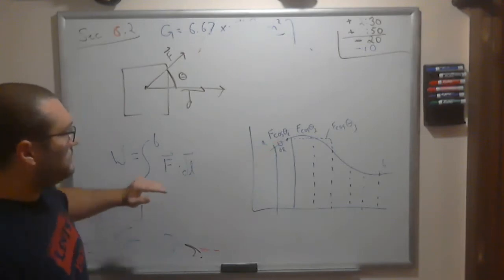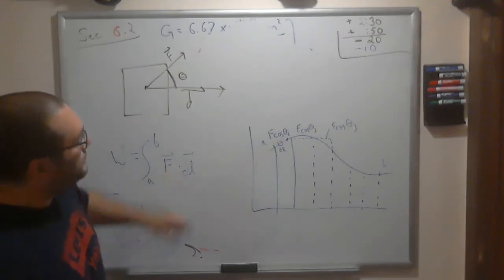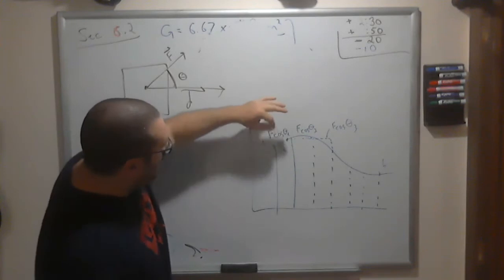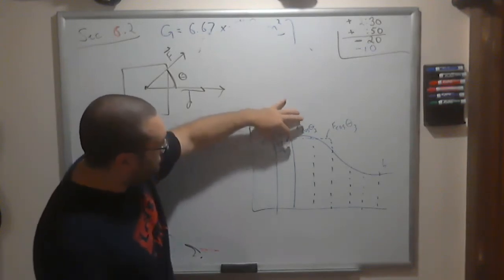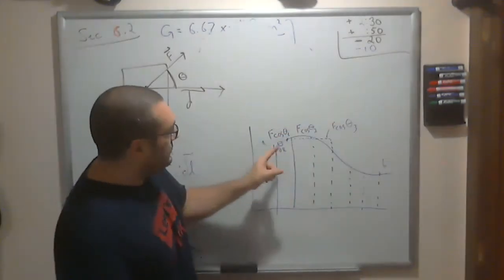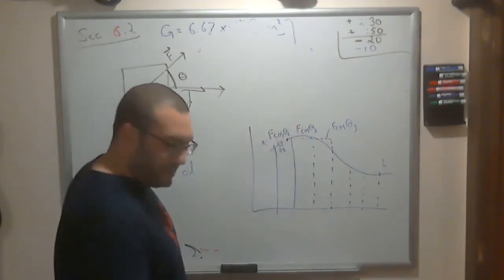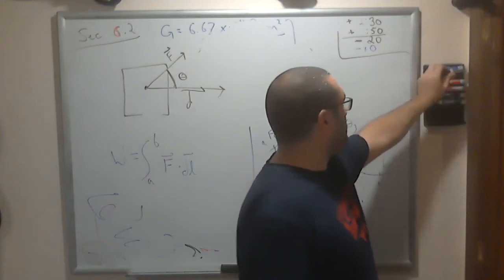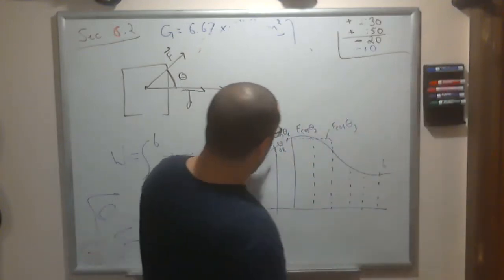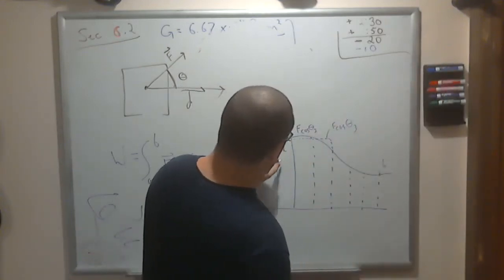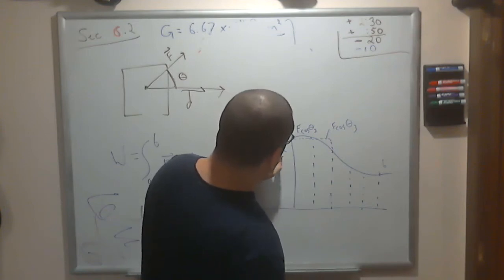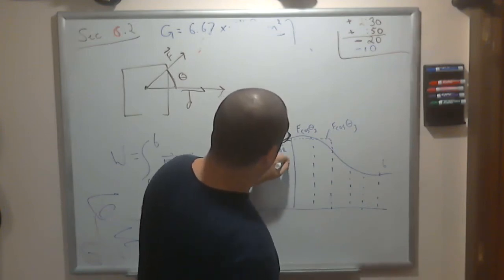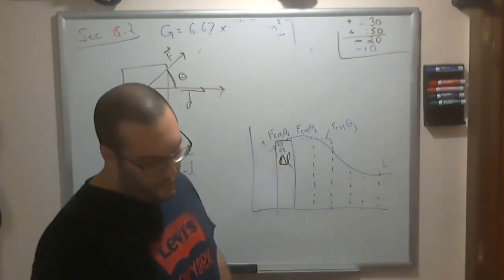And as an approximation of the integral, what we do is we calculate how much work approximately is done in each one of these sections, where each one of these is delta L, right?